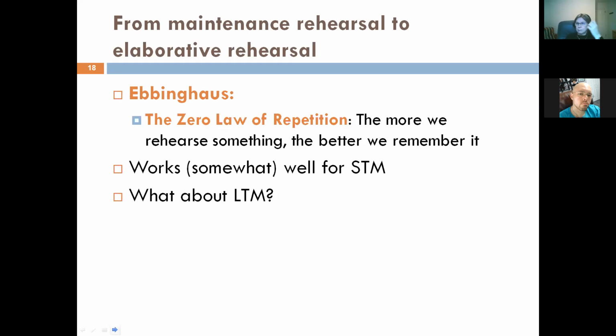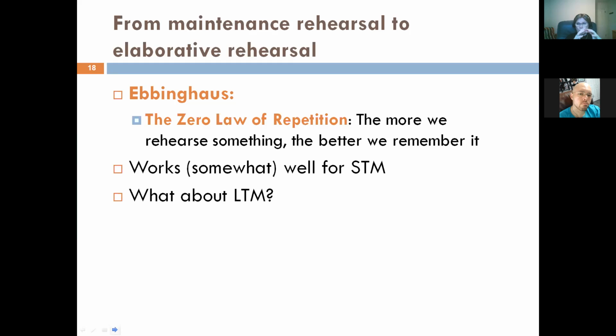When we started last week talking about memory, and even before, I already mentioned to you Hermann Ebbinghaus, first German cognitive psychologist. I mean, he didn't call himself a cognitive psychologist, of course, but we talked about his approach to looking at the forgetting curve.